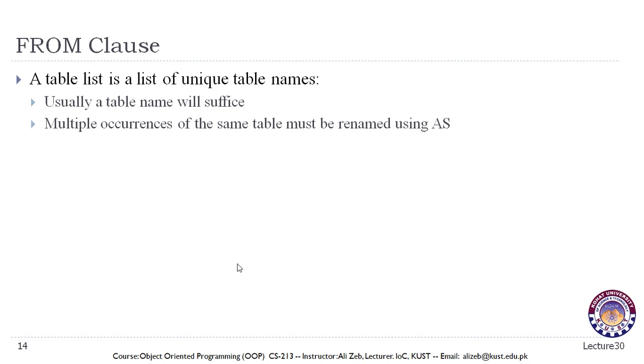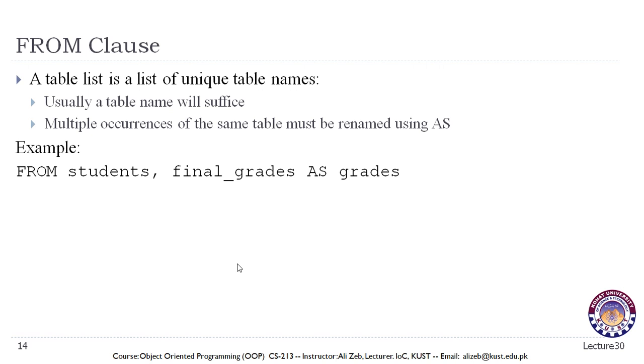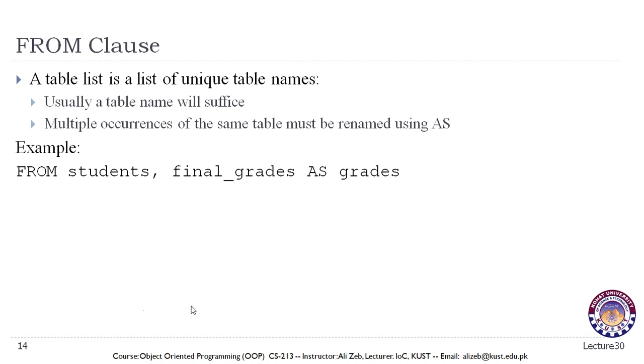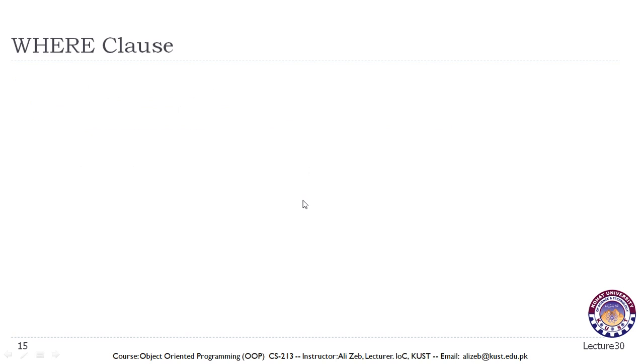So if you have multiple tables, you can use the as keyword to differentiate them. If you rename the final grades as grades, this will give an alias or a temporary name to your table that you can use within this SQL statement.